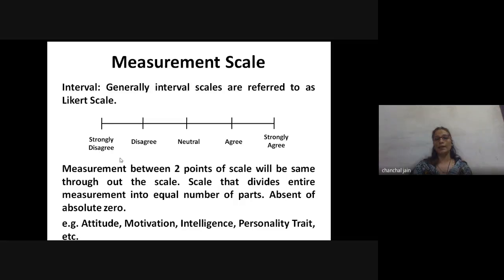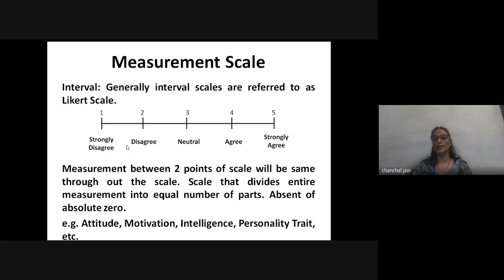In this scale, I need to quantify the options because SPSS is a quantitative package that works only on quantity. So whatever options I am giving for my Likert scale, I need to quantify those categories. Suppose for strongly disagree I give 1, disagree 2, neutral 3, agree 4, strongly agree 5.